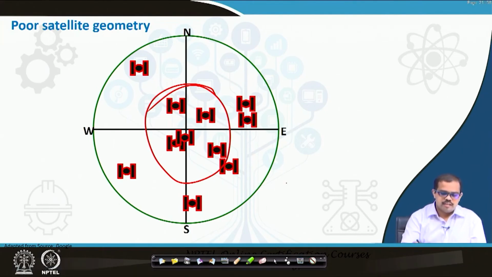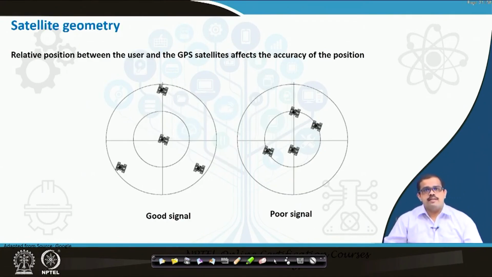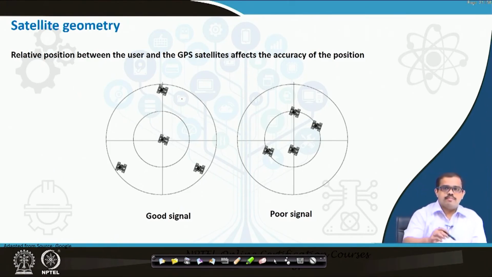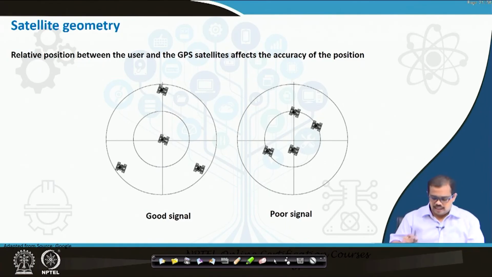When we are looking at this, there is also a concept of how the relative positioning between the user and GPS satellites is affected. For example, if you have something like this, there is no crisscrossing, so you have the best signal, and your measurement is quite precise based on the positioning service you have. But if you have something like this, even with a precise positioning service, you may have certain errors induced because of the satellite signals.